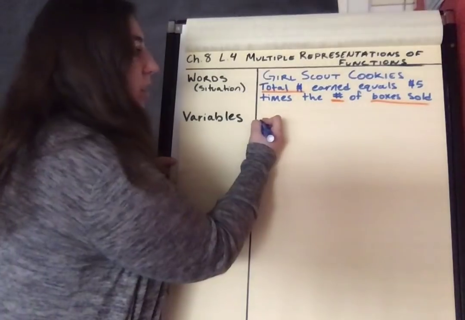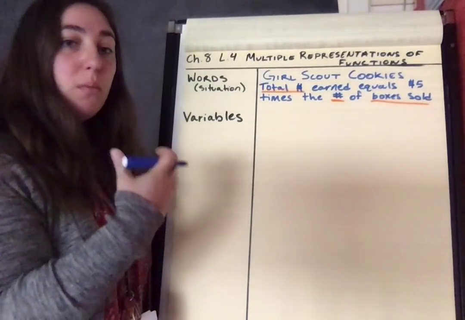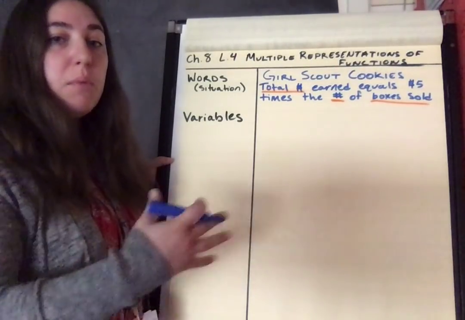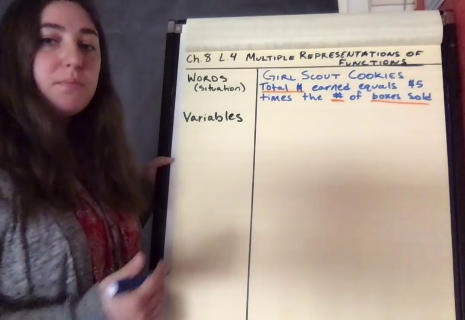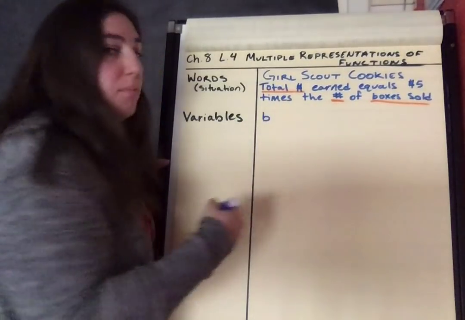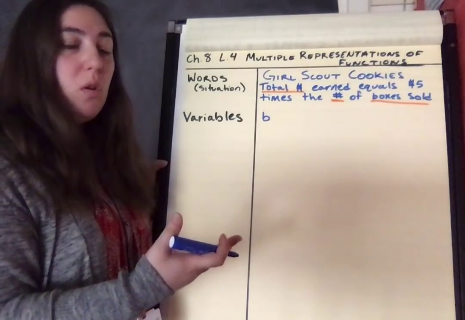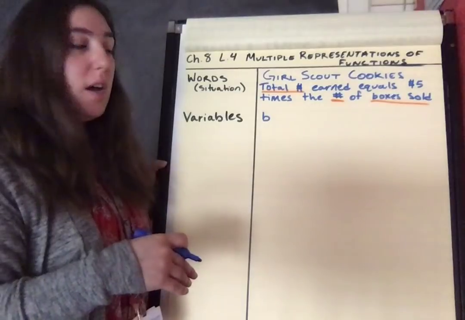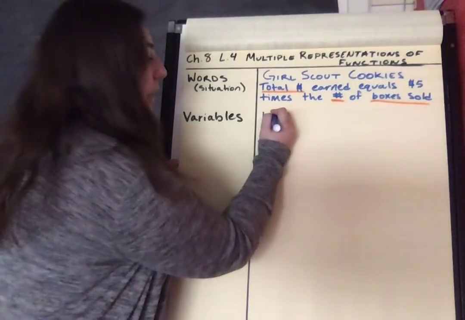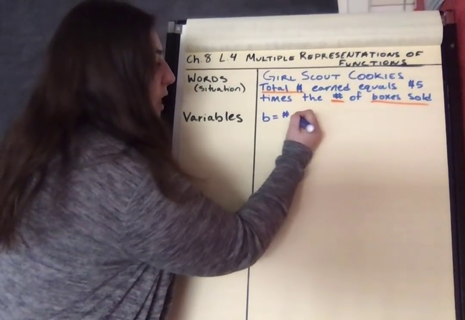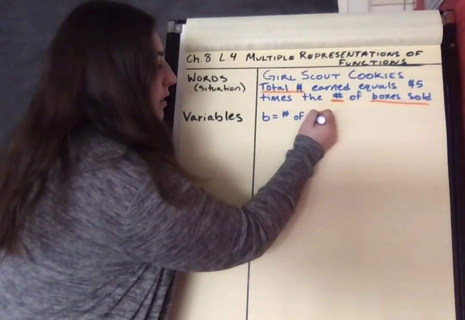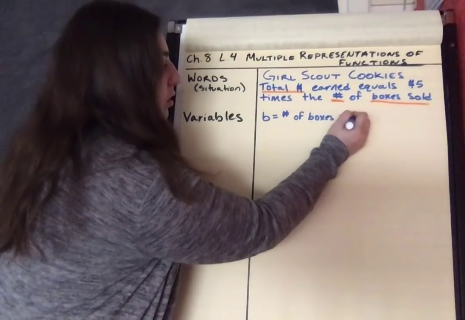So we are going to give them letters. We're going to make them variables to stand for something that we don't know, but any number could stand in place for them. So I'm going to give number of boxes the letter B. B for number of boxes sold, but you could have picked any letter, like S or N or X. And we are going to define our variable, so B equals number of boxes sold.